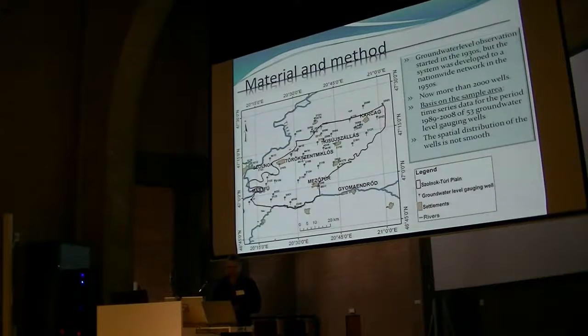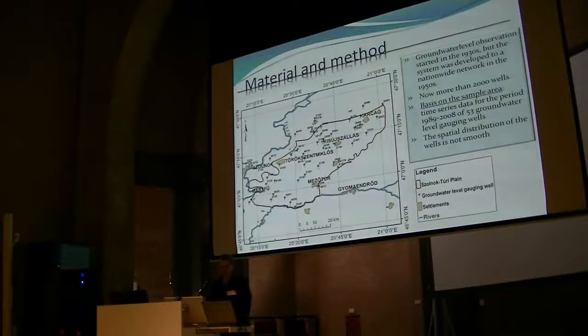Okay, so this slide shows how many groundwater level gauging wells I had on the sample area. In Hungary, the groundwater level observation started in the 1930s, and then later continuously they built this system into a nationwide network, and now we have more than 2,000 wells in the observation system.